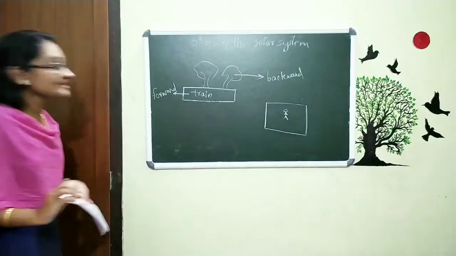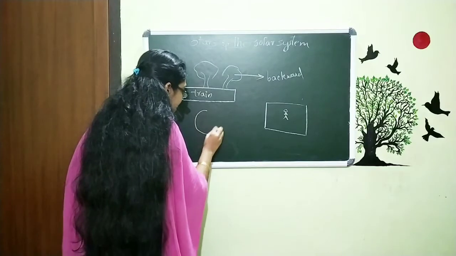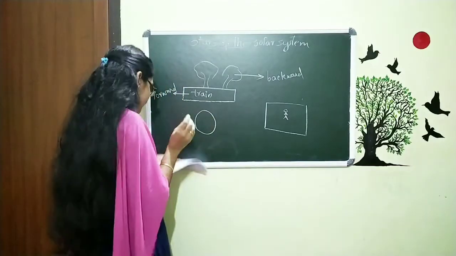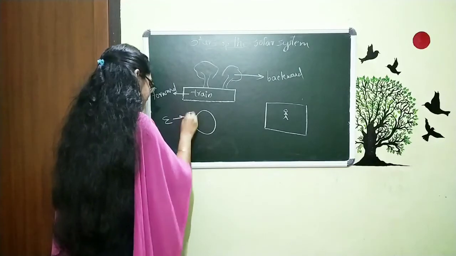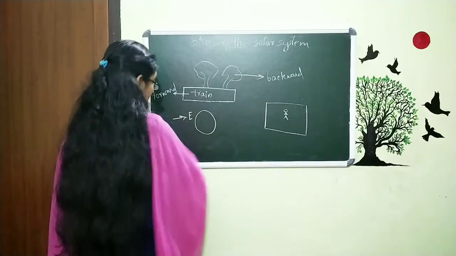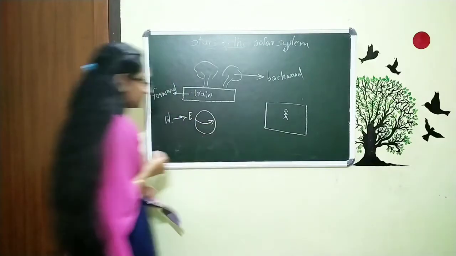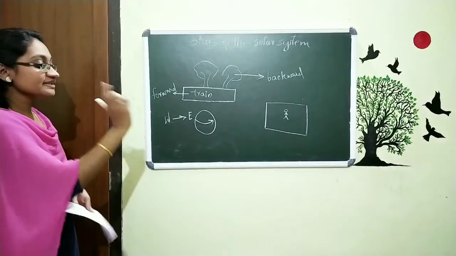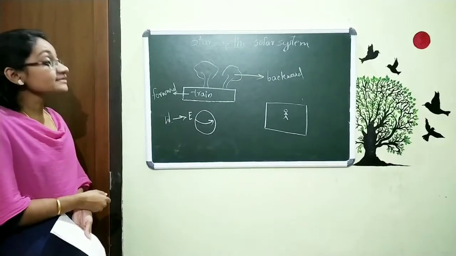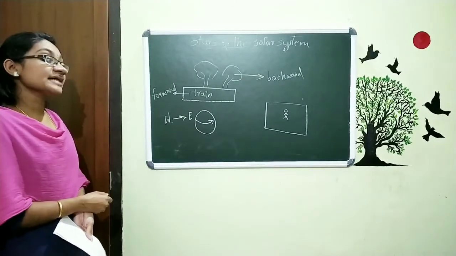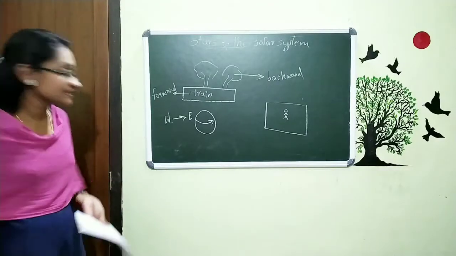So we can say that our earth is moving from west to east. In this direction our earth is continuously rotating or revolving. So because of this reason we feel that all the stars are moving in the opposite direction.